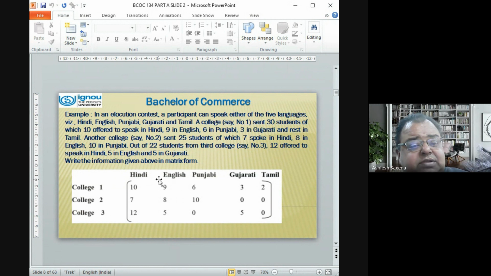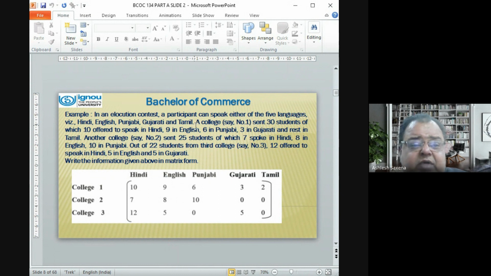So straight away, what can come into our mind? We can write colleges on this side and the languages at the top. These are the colleges and these are the languages.